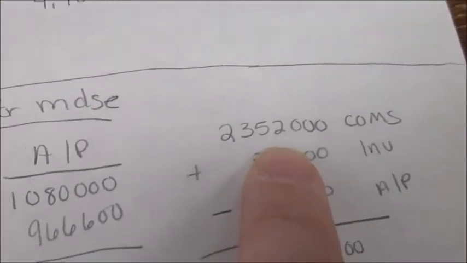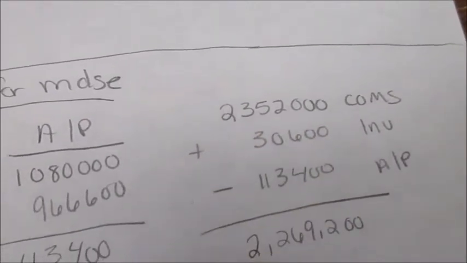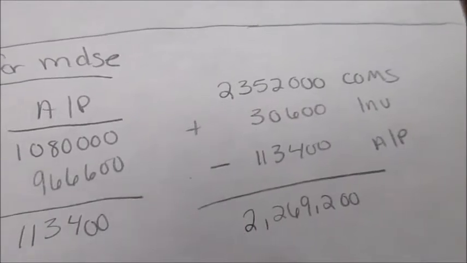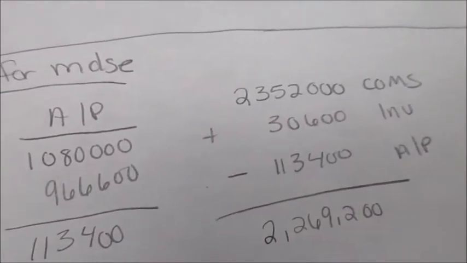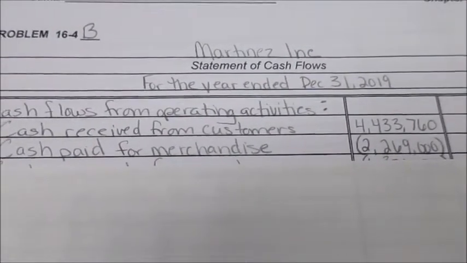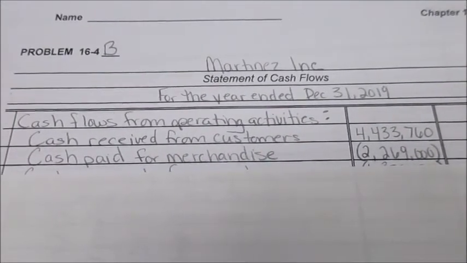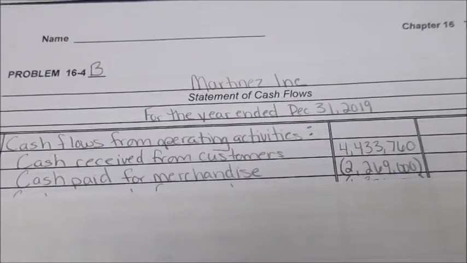Start with our cost of merchandise sold, add our inventories, subtract our accounts payable, and we get $2,269,200. We're going to take that number and put it in our statement of cash flows. Cash paid for merchandise, in parentheses, $2,269,200.